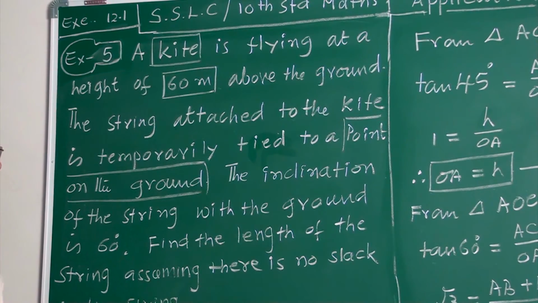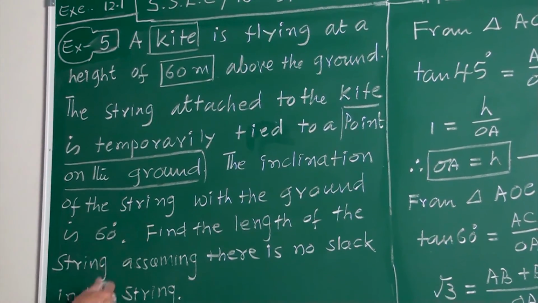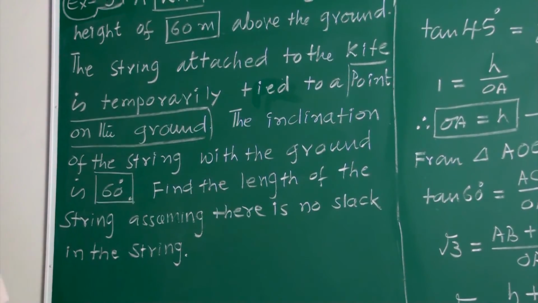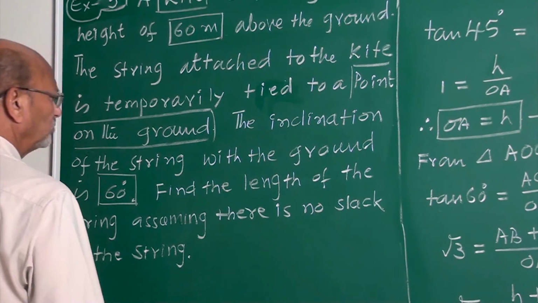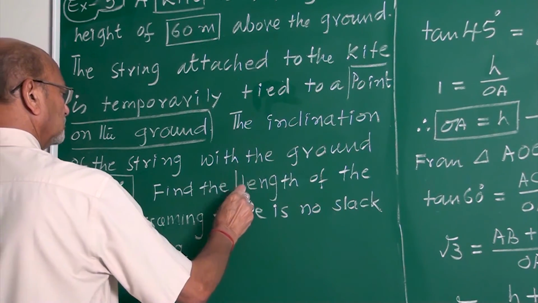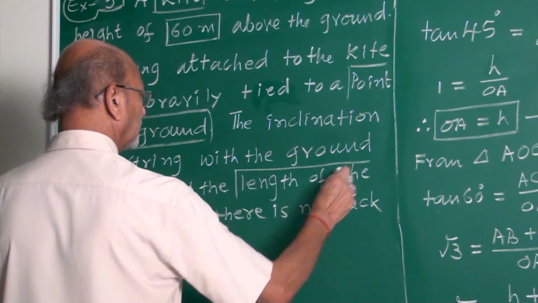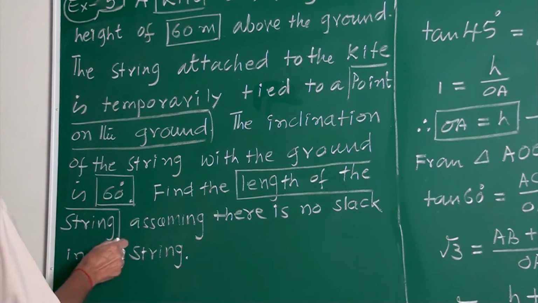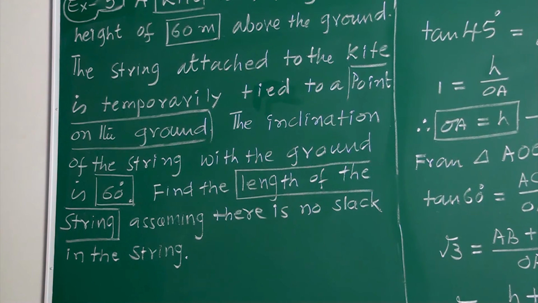The inclination of the string with the ground is 60 degrees. Find the length of the string, assuming there is no slack in the string.